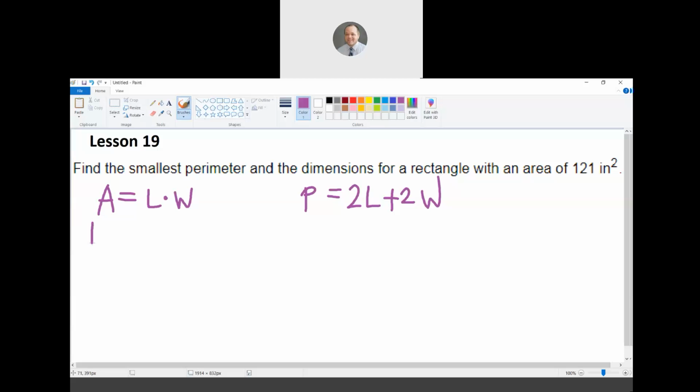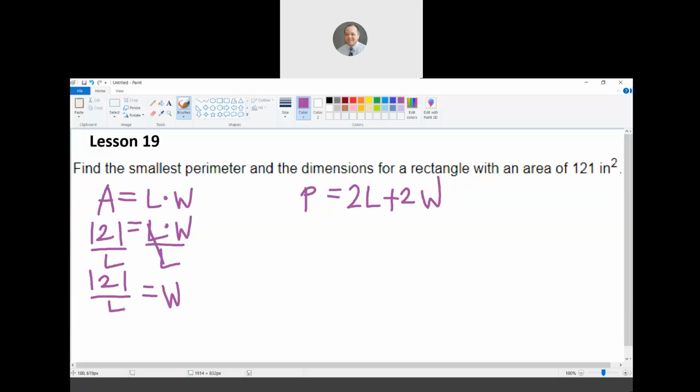So in place of A, plug in 121 equal to L times W. And it does not matter which letter you get by itself. I'm going to solve for W by dividing both sides by L. So W is the same thing as 121 over L.